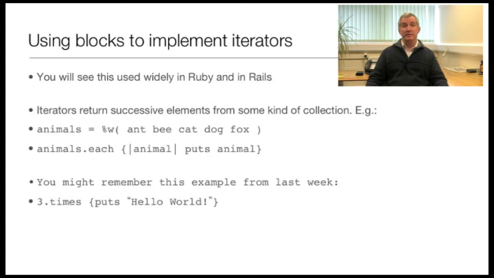What it's going to do is pass each object that's in that array successively to the block that is the parameter there. So each animal is in turn going to be passed to that block.